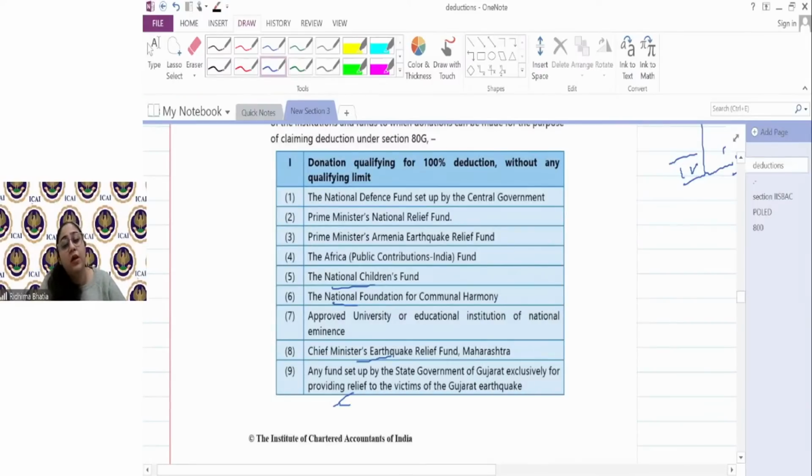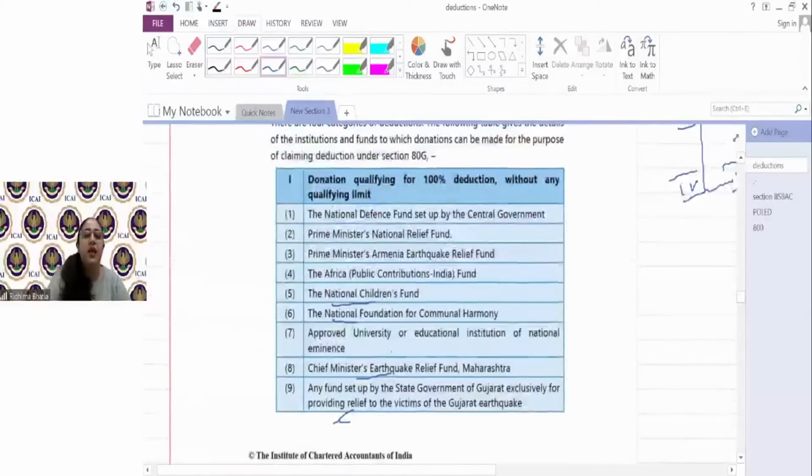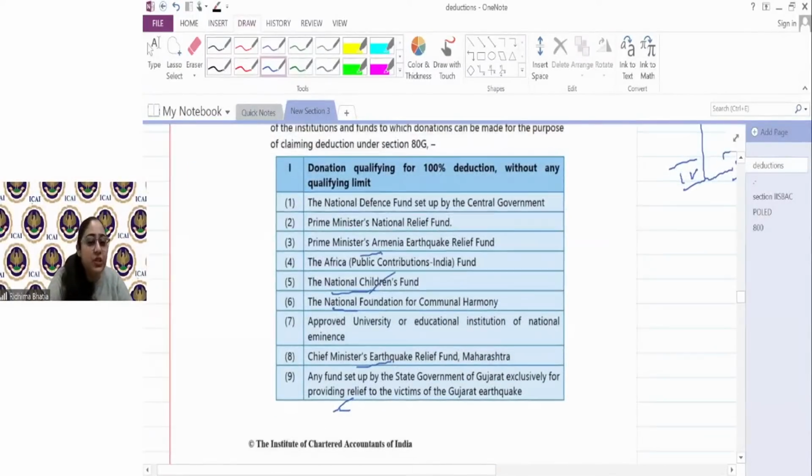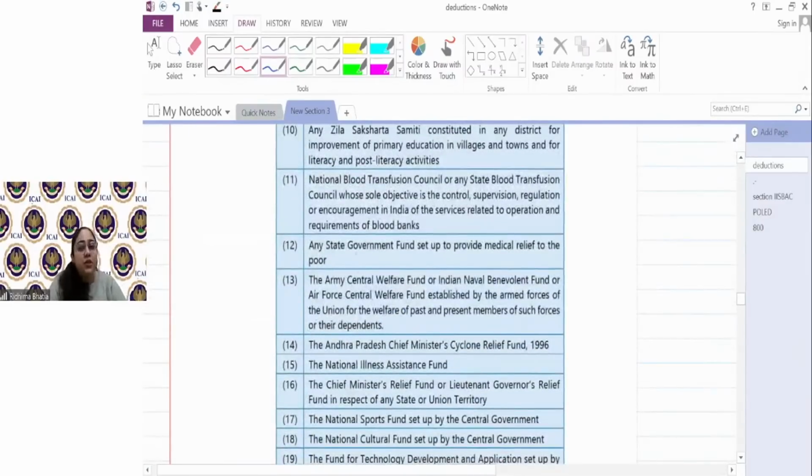The most recent one and the most common and used one was PM CARES Fund, which was used a lot during the COVID time. So if you see the list, guys, सारे National Defence Fund हैं, Prime Minister related funds हैं, National के लिए या Chief Minister Earthquake Fund है या कोई जिला परिषद का या जिला साक्षरता समिति का फंड है.